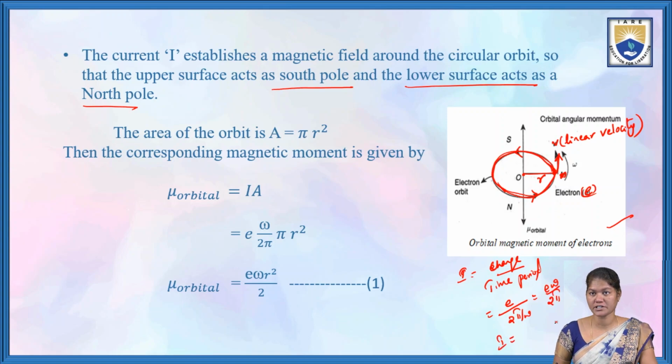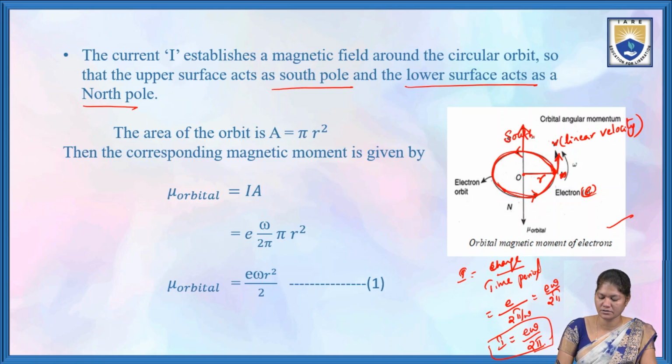The established current due to circular motion of the electron in the orbit is e omega by 2 pi. When the current is produced, it establishes a magnetic field around the circular orbit, so that the upper surface acts as a south pole and the lower surface acts as a north pole.